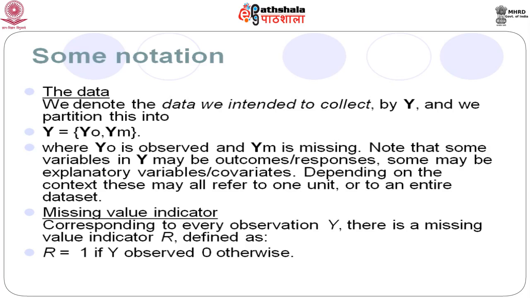All right. Then we introduce some missing value indicator. You see that just previously y does not mean that it should be the response, it may be any explanatory variable for which observations are missing too. So, let us go for a missing value indicator which is r equals 1 if y observed and r equals 0 if y missing.